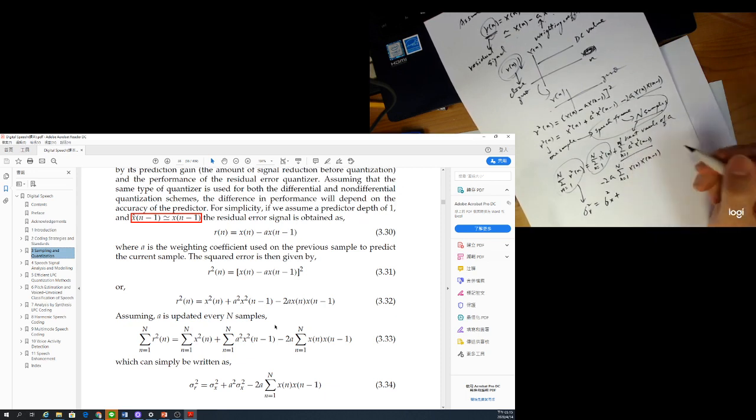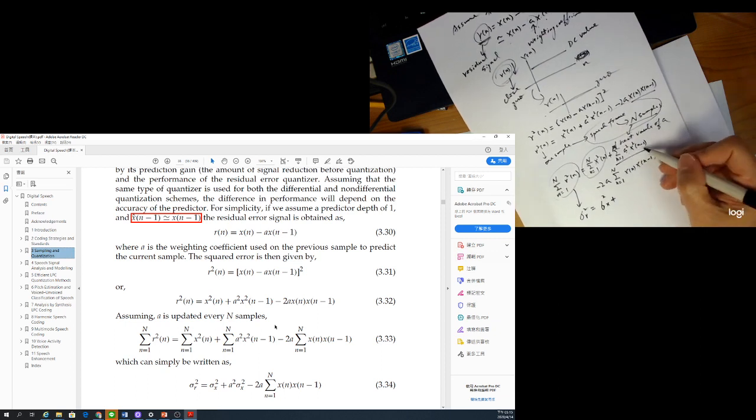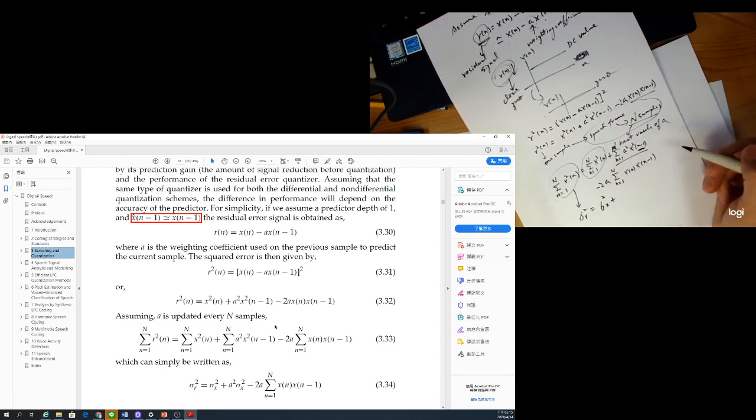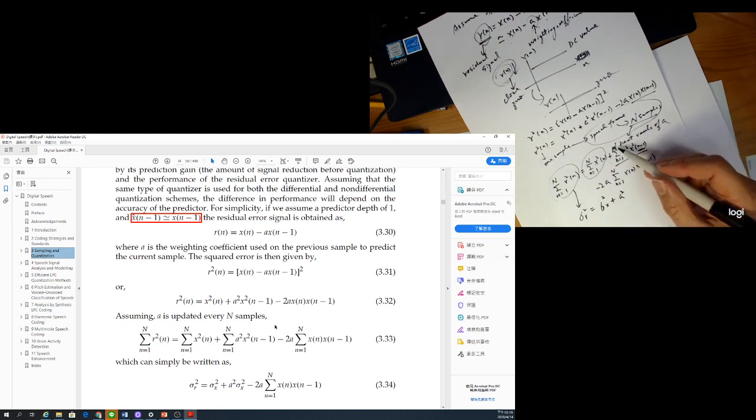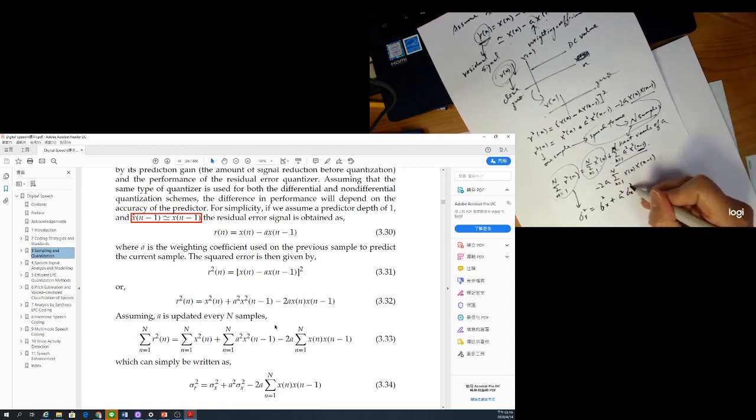And here we assume A is independent of the index n, so A can be put outside the summation. So we have the summation of signal energy, and this one and this one differ by just one sample, so their energies will be similar.